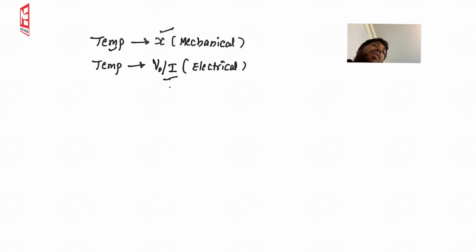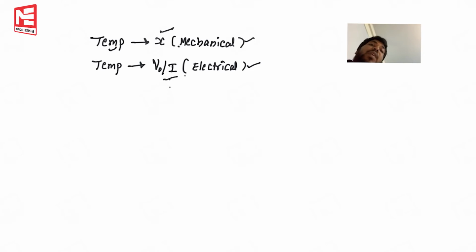The output might be mechanical or it might be electrical. So the sensor senses the physical quantity and generates some output or signal. Sometimes it may be mechanical output, sometimes it may be electrical output.